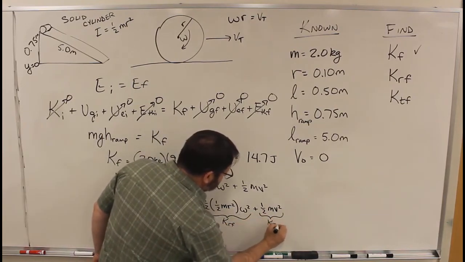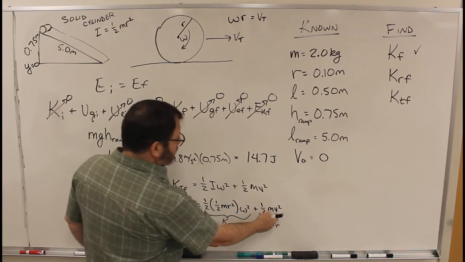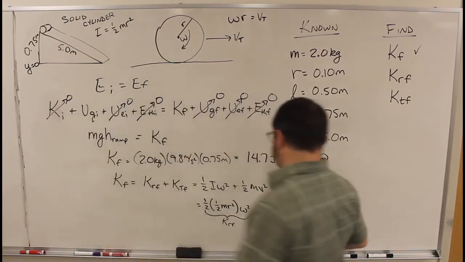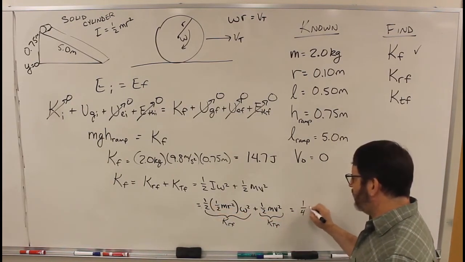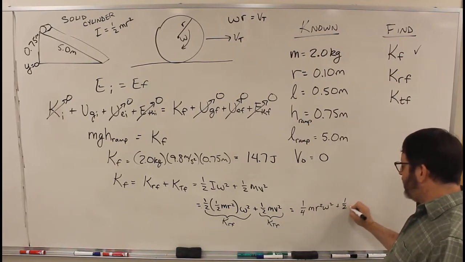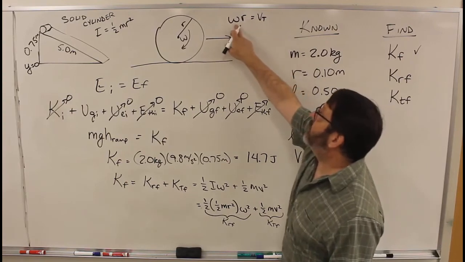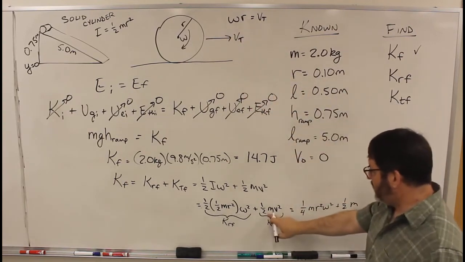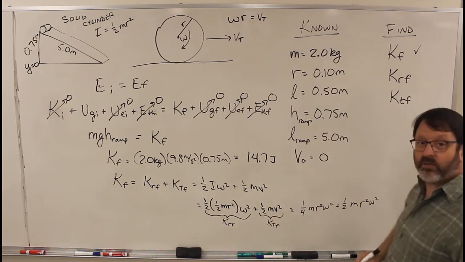This is K translational final. We can convert this v into an omega. So this is 1/2 times 1/2, so this is 1/4 mr squared omega squared plus 1/2 mv squared. v is r omega. So this is 1/2 mr squared omega squared.